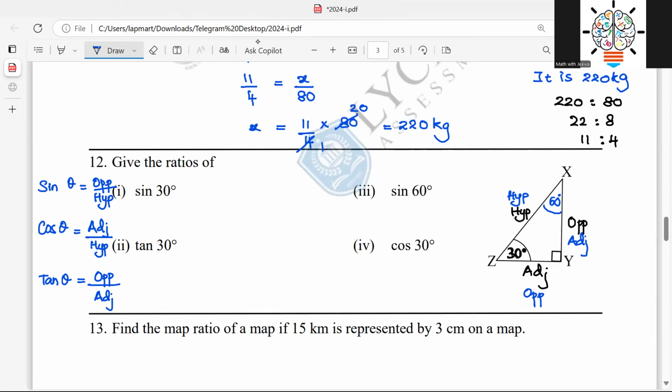Now I know the general formula. So then sine 30 will be opposite is XY and hypotenuse is XC.